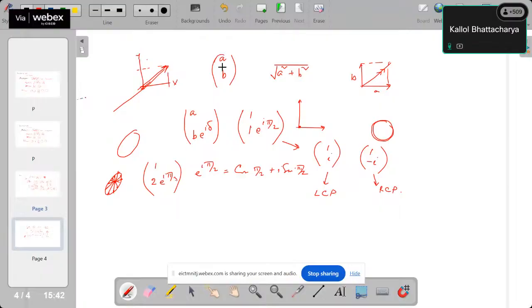This is the x component, this is the y component. If these two are real quantities, then it only represents linearly polarized light. If either of them is complex, then it in general represents elliptically polarized light. If A and B are equal and delta equals pi by 2 or 3 pi by 2, then this represents left circular or right circular polarization.